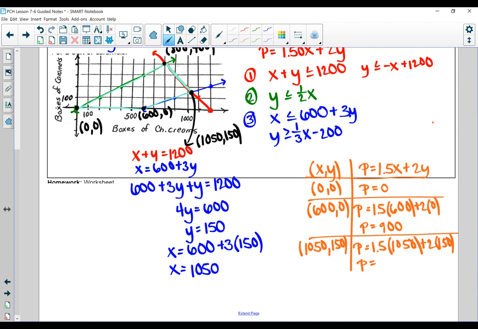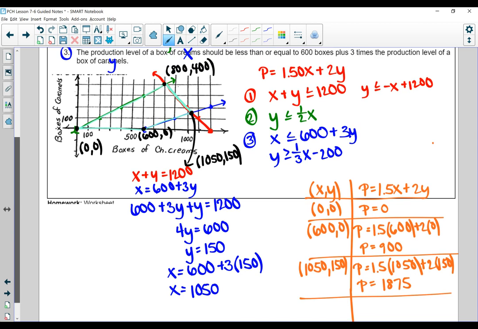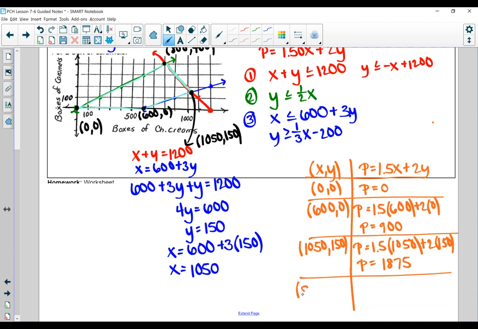So my profit at this point would be $1,875. So better, getting better. And now let's check the last one at 800, 400. So when we calculate that, 1,200 plus 800, we get 2,000.